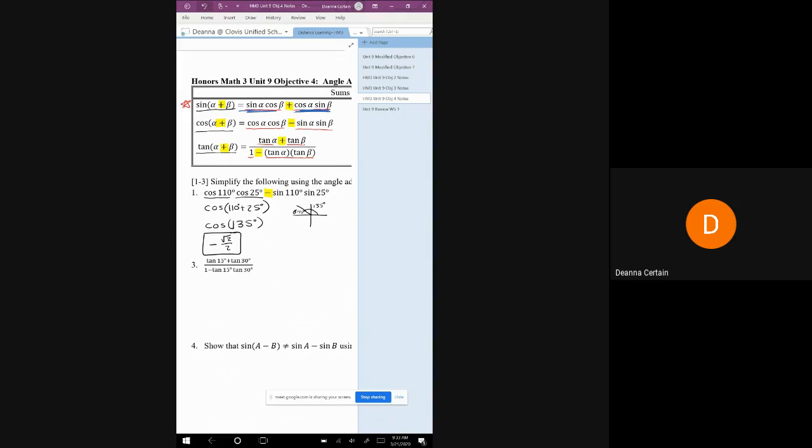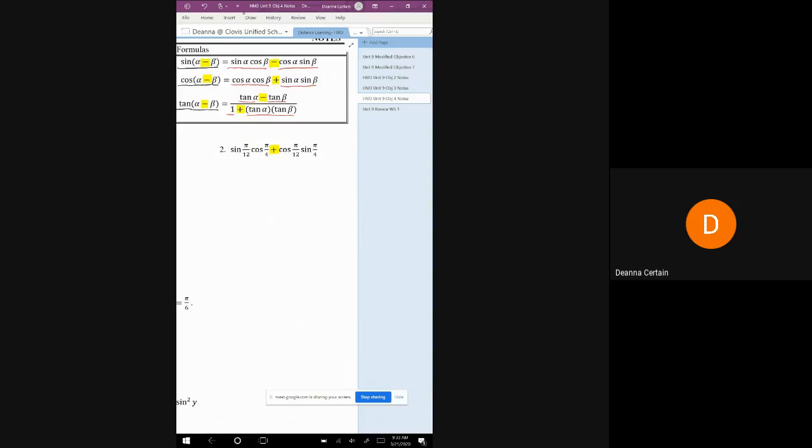Okay. So then my sine of alpha, I don't need that parentheses, sorry. My sine of alpha, which is the pi over 12, plus beta, which is pi over 4. Okay, which I can combine by finding a common denominator.